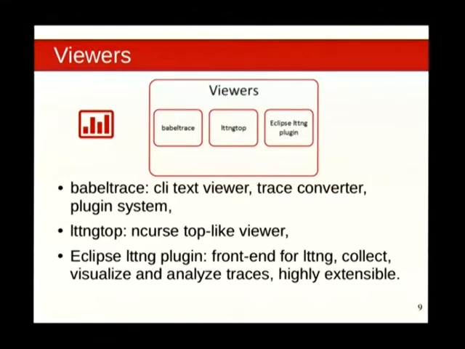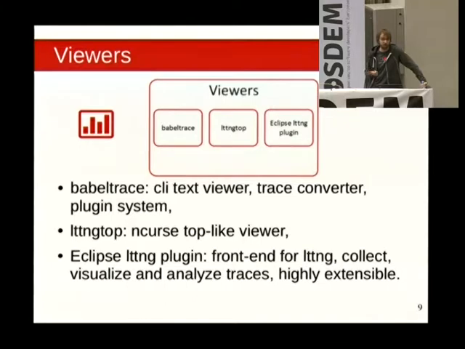The viewers: we have Babeltrace, which basically takes a trace input, like a directory of traces and trace files, and just prints it out on the console, human readable. There's LTTng top, and this is pretty awesome. Everyone here knows top or htop, and LTTng top is exactly the same, but it uses kernel traces to print out the information.